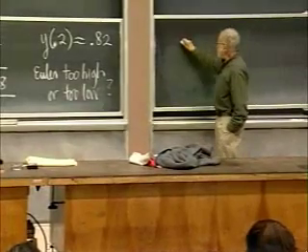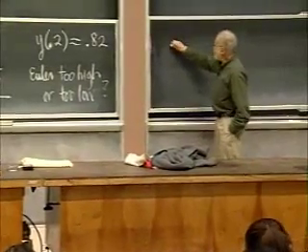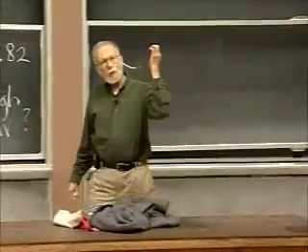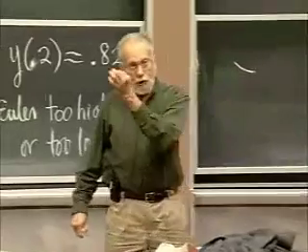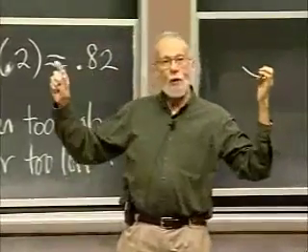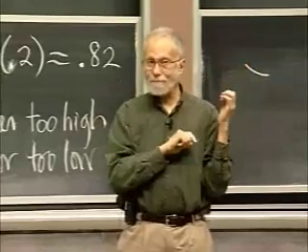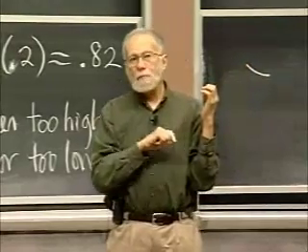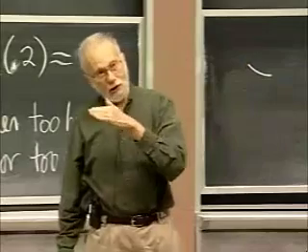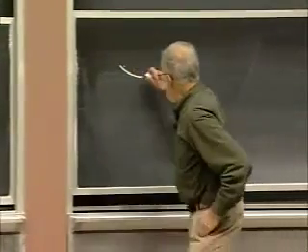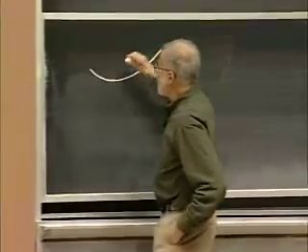Now, how will we answer that question? Well, let's answer it geometrically. If the solution were a straight line, then the Euler method would be exactly right all the time. But it's not a line, it's a curve. Well, the critical question is, is the solution curved? So here's the solution.